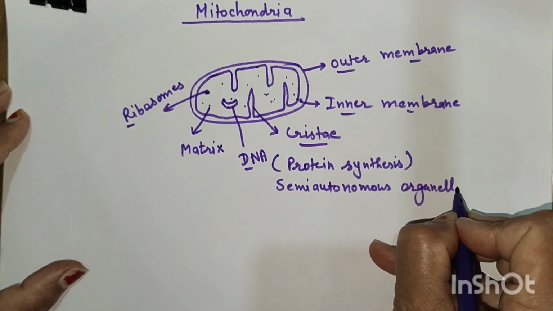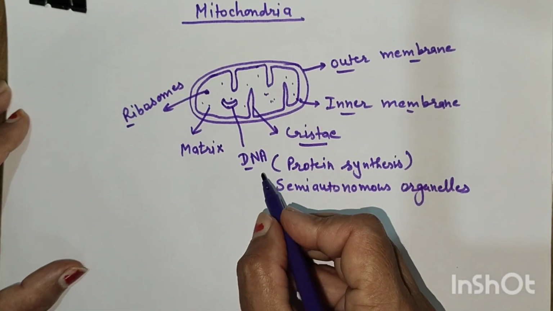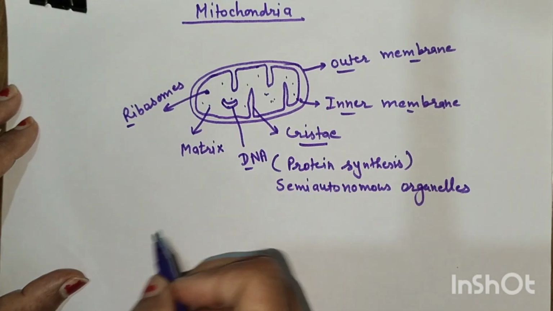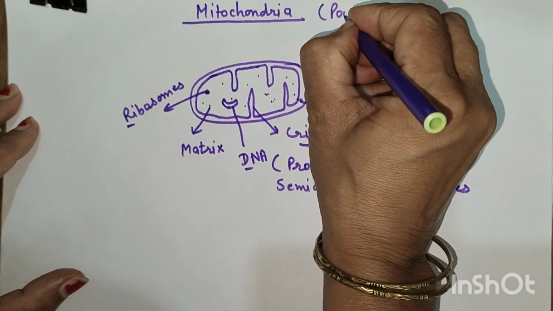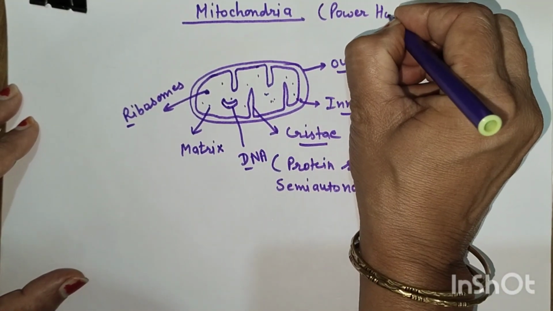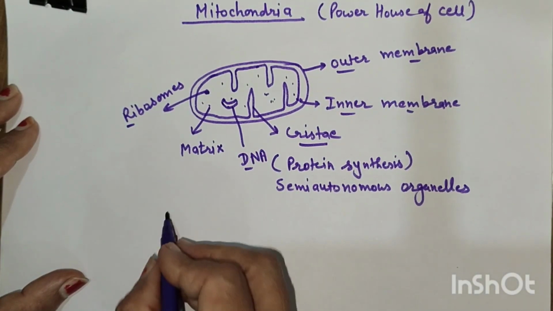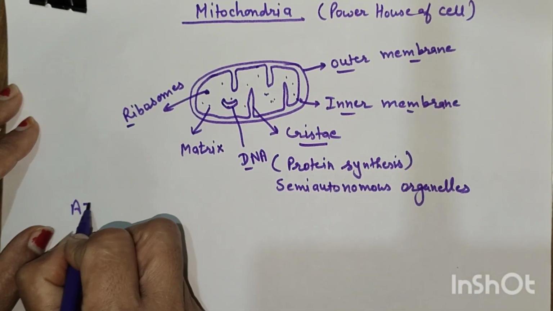It is called the powerhouse of the cell because it produces ATP.